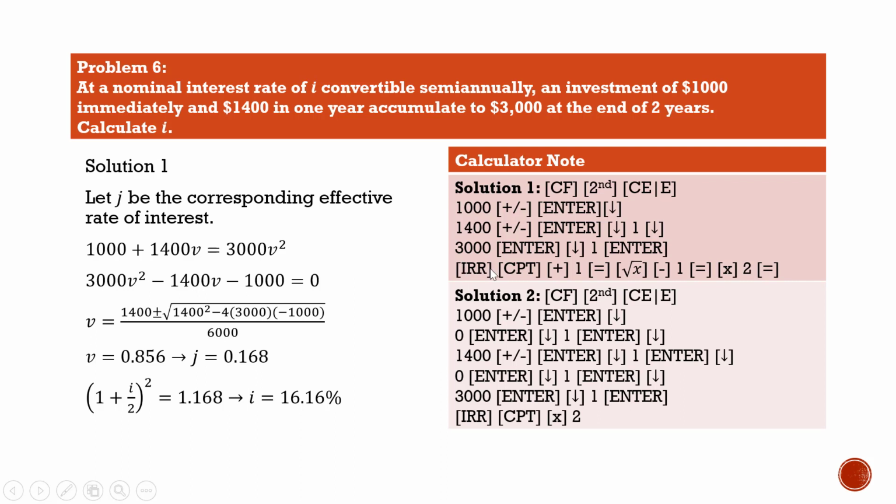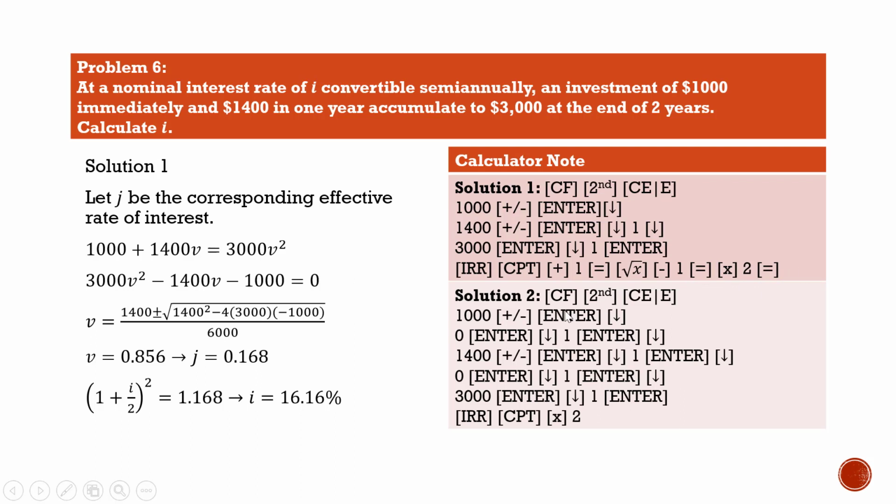And we hit IRR to compute the effective rate of interest. So this is how we find J. When we hit IRR and compute, we have J. To find I, we add 1, then take the square root, then subtract 1, and then multiply by 2 to find I.